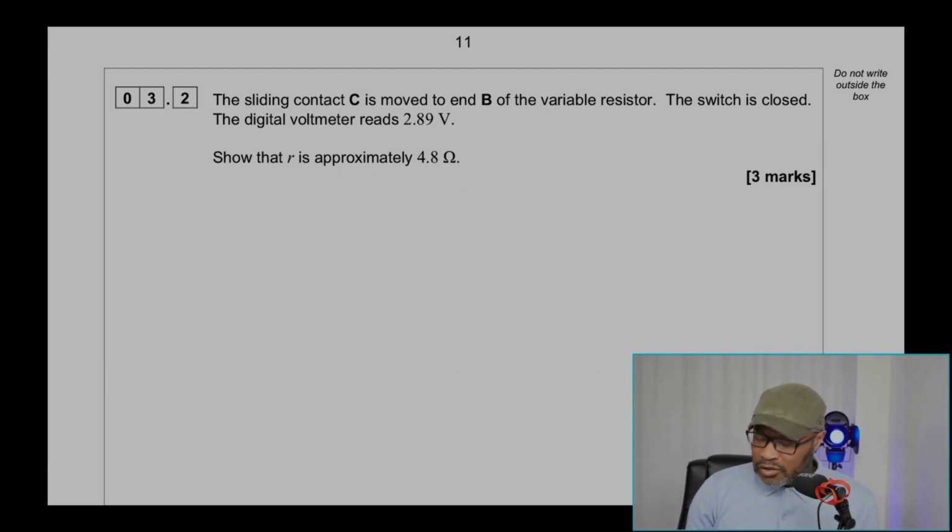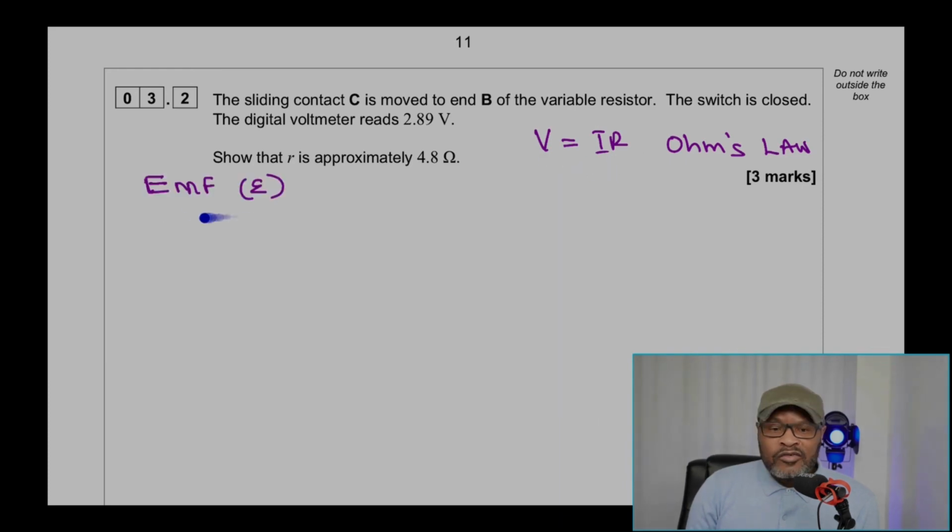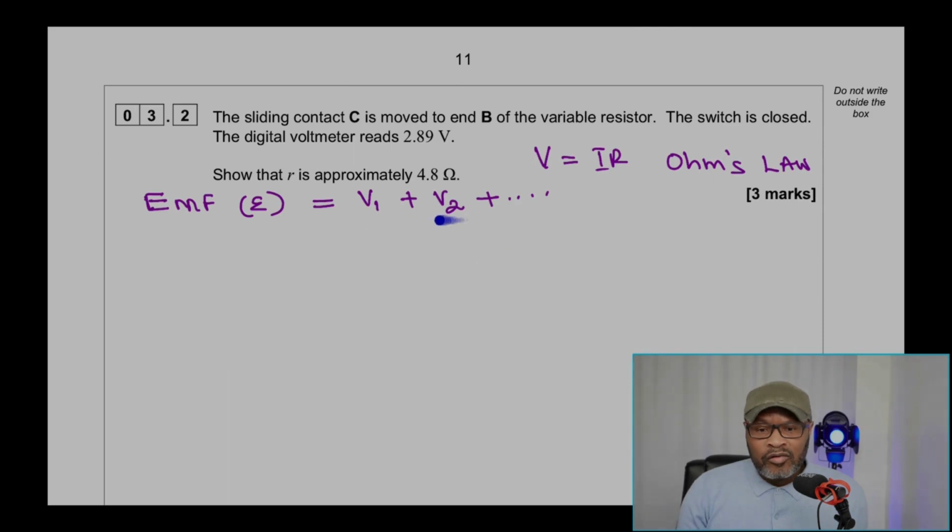The first thing we'll do is remember Ohm's law, V equals IR. The EMF, from the cell, using Kirchhoff's second law, or the conservation of energy, will be equal to V1 plus V2 plus V little r.